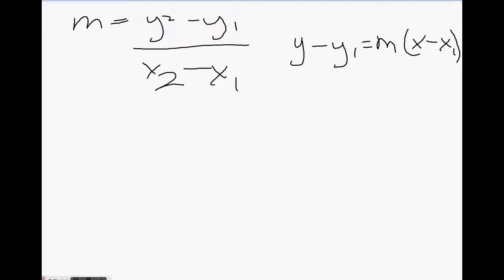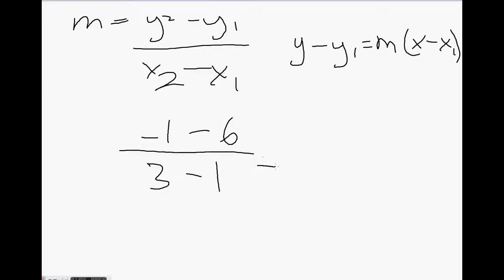So let's find this. First we have to find the slope. We had the points 1, 6, and 3, negative 1. So 6 will be our y1, and negative 1 will be our y2. So we'll have negative 1 minus 6 over our x2, which is 3, minus our x1, which is 1.